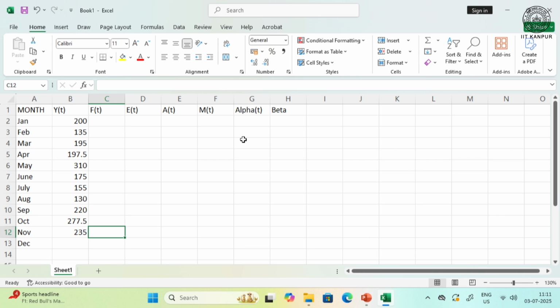The December value is not there, so I won't copy. Now let us write down these.